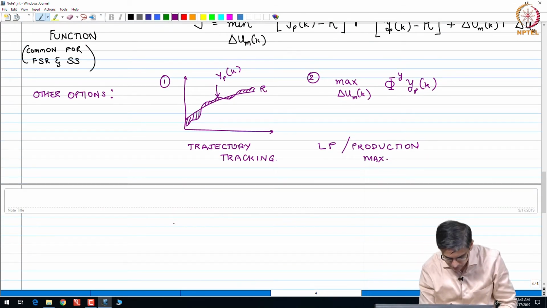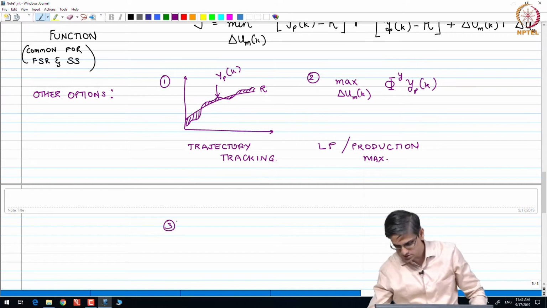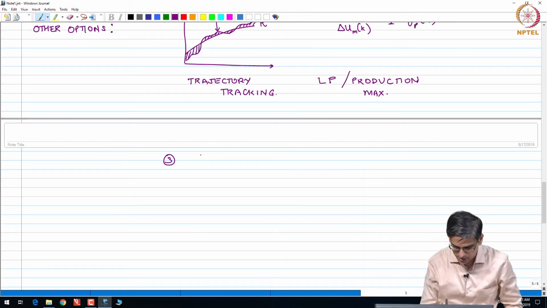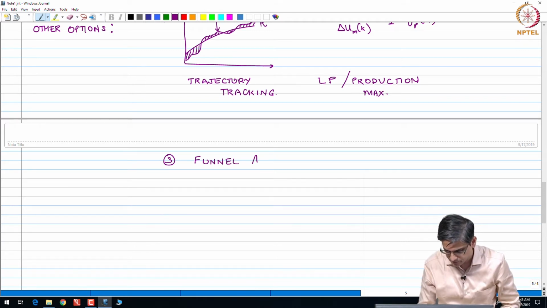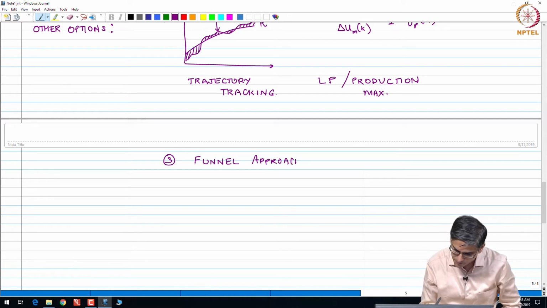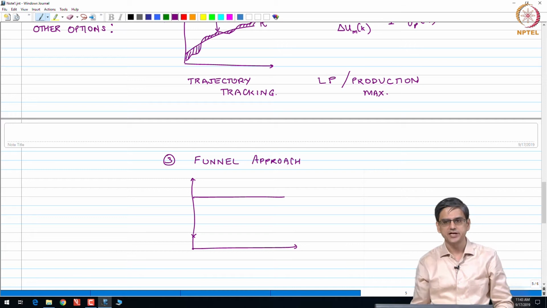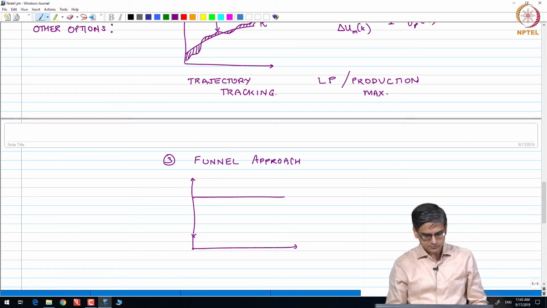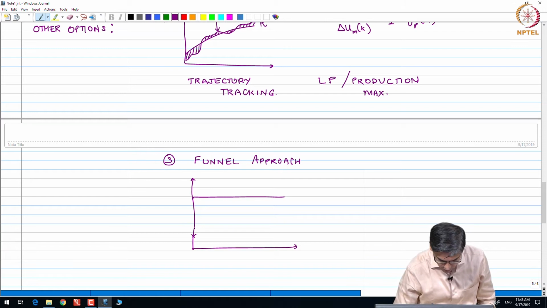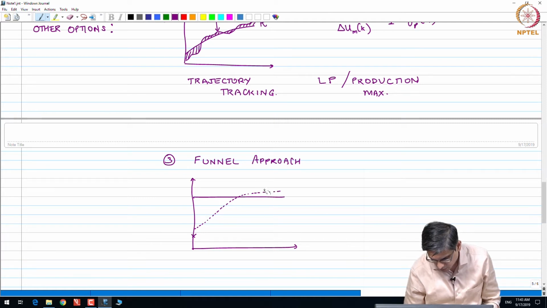Your third option is what Honeywell uses, and that is known as a funnel approach. Let us say this is your set point, this is where you currently are. They will design a funnel like this.